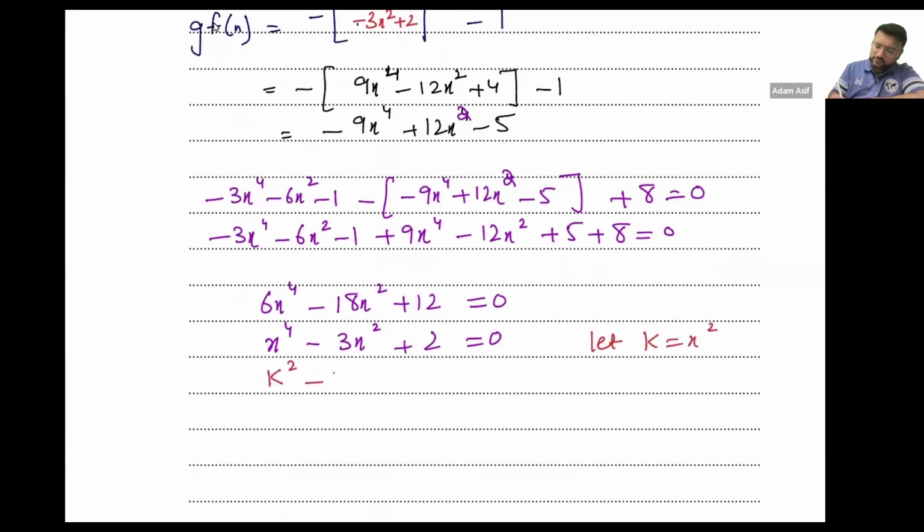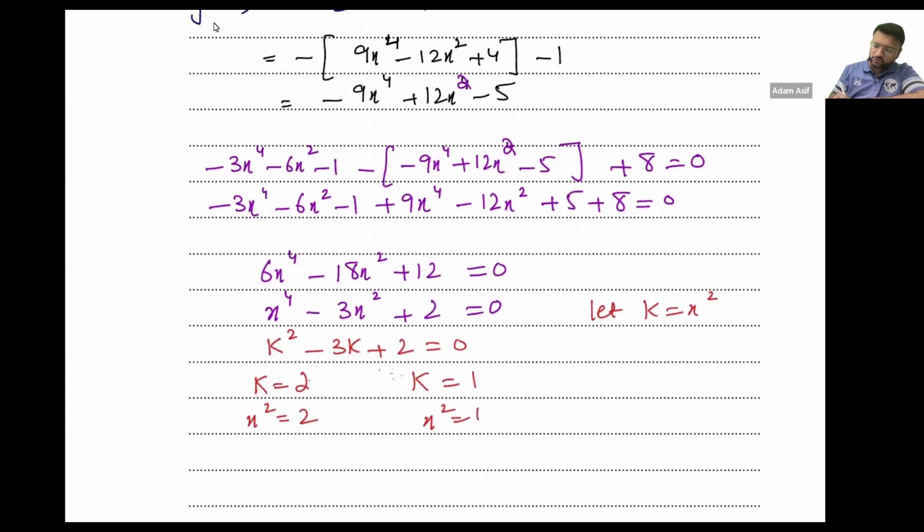So that becomes k square minus 3k plus 2 equals 0. Solve for the value of k. Factors निकाल लो. क्या values आएंगी k की? k comes out to be 2 and k comes out to be 1, which equals x square. So x comes out to be plus minus root 2, and x comes out to be plus minus root 1, which is 1.